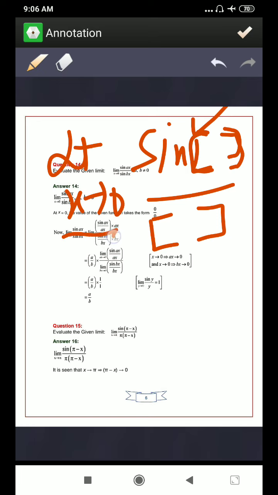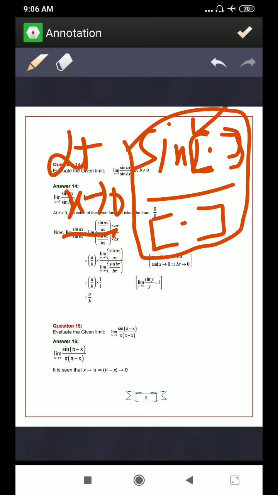When x is 0, if this thing is also 0, and the same thing is there in the denominator, it will become 1. Suppose here 5x is given. What will you do? You will check whether 5x tends to 0 or not. Yes, it tends to 0, and the same thing is there in the denominator. We replace it by 1.